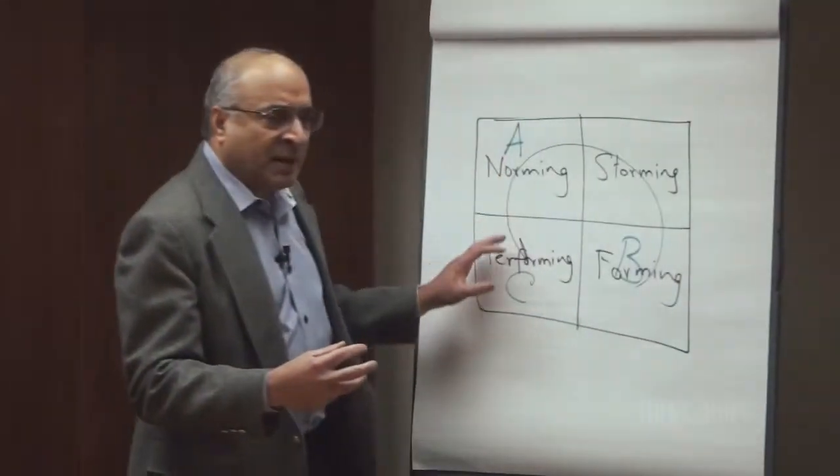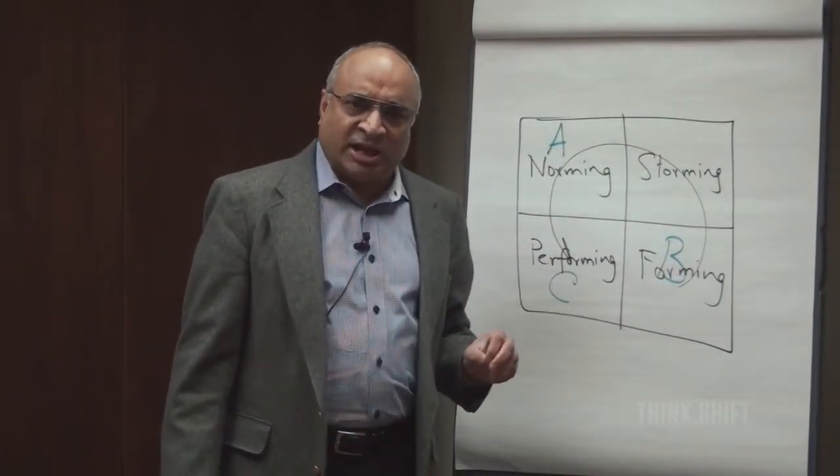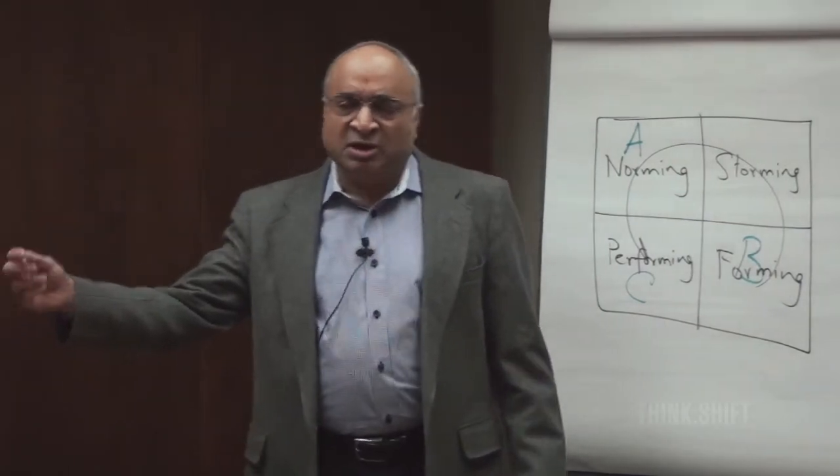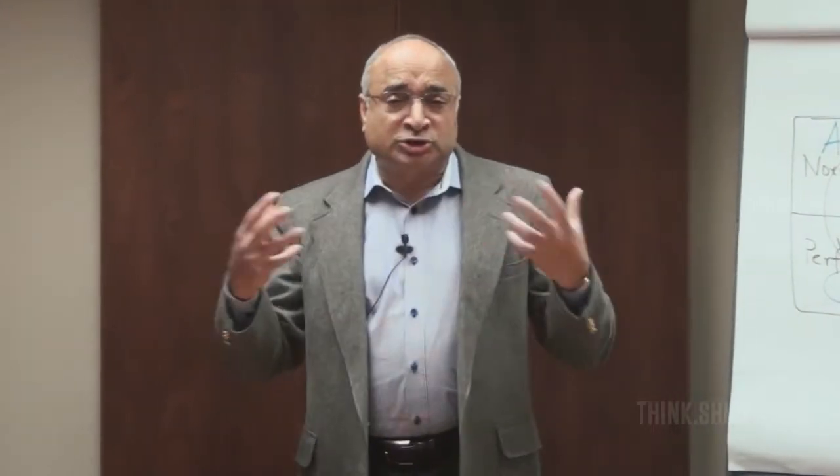So for each team, ask yourself, where is it on this map? How is the leader supposed to behave when they are in that stage? Is the actual leader behaving that way? And if not, what conclusions do you draw? What changes might be appropriate? Introspectively examine that. This will take a few minutes.